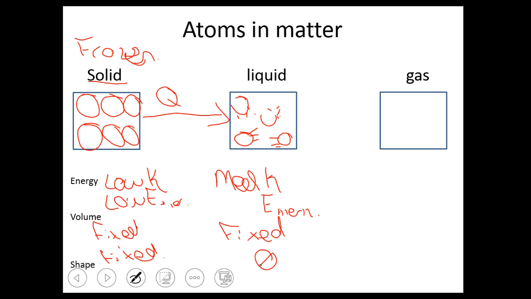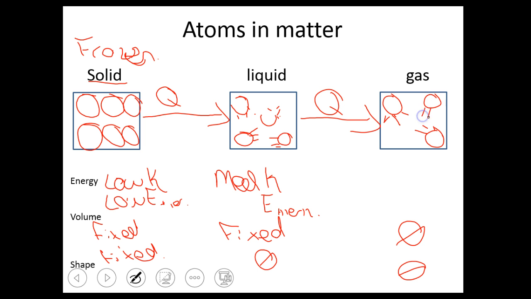And then finally, if we continue to add heat to that liquid, we're going to get a gas, right? And gases have no fixed shape and no fixed volume because those particles really begin to fly out and spread around. They can go wherever the heck they want, and they can go there really fast.